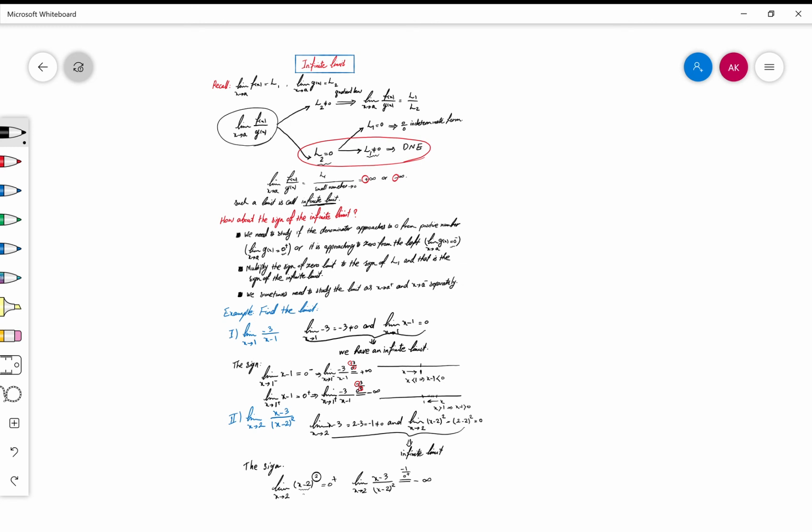Always you have to check if the limit of the denominator is 0 and the limit of the numerator is non-zero. Well, that will give us the infinite limit, but we have to do these kinds of things to determine exactly what the sign of the infinity is for those quotient functions.